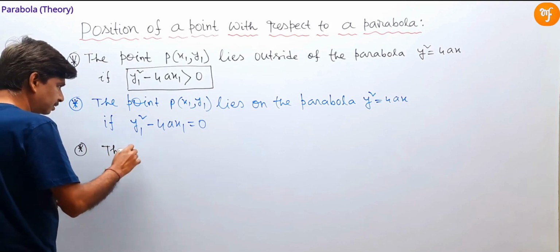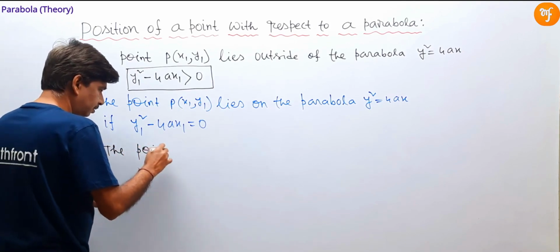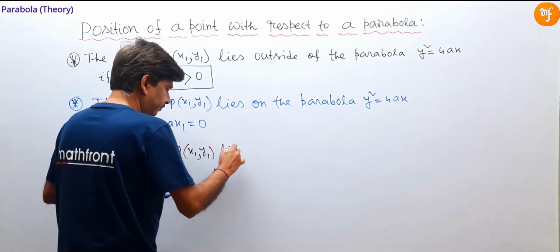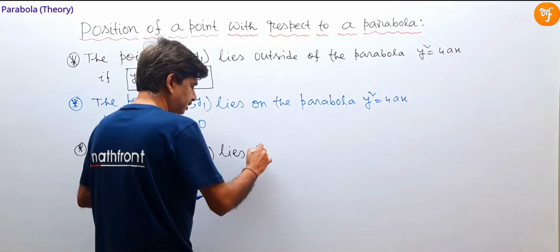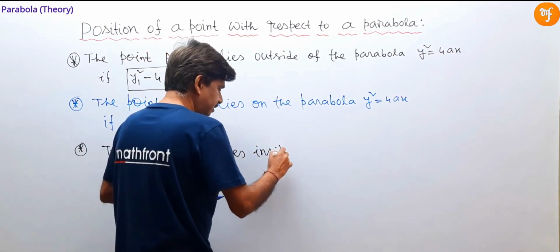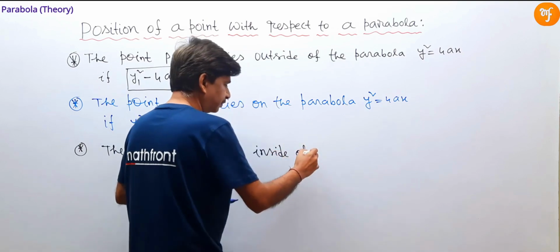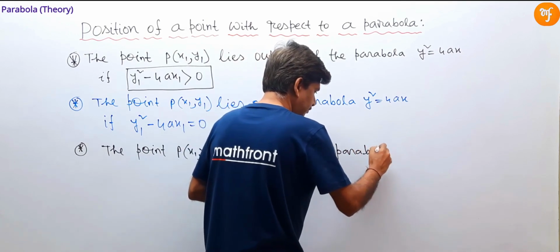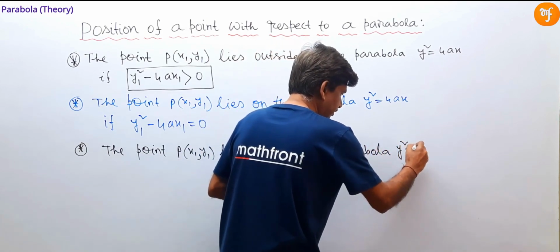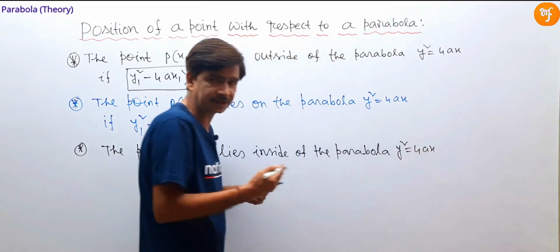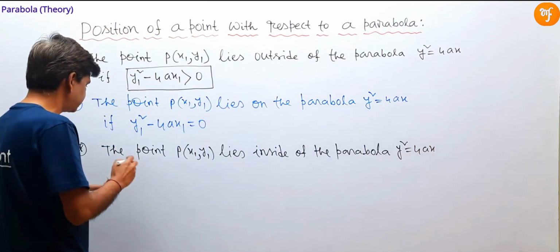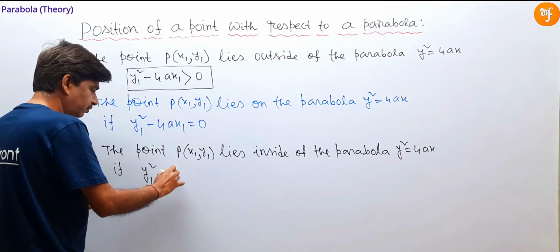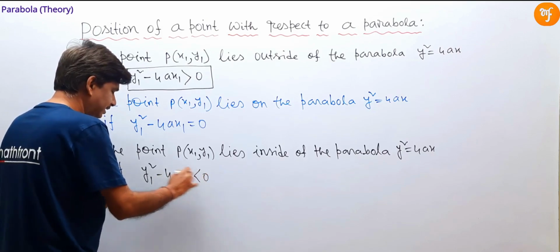The point P, that is x1 comma y1, lies inside of the parabola y square is equal to 4x, that is lies at the interior region of the parabola y square is equal to 4x if and only if y1 square minus 4ax1 is less than 0.